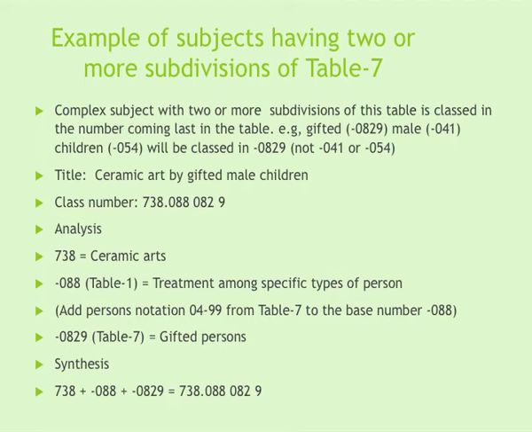So, we first attach 088 from table 1, and then we attach the number for gifted persons, 0829, and we ignore the other 2, that is male and children. So, the complete number of this title will be 738 plus 088 plus 0829, that is 738.0880829.